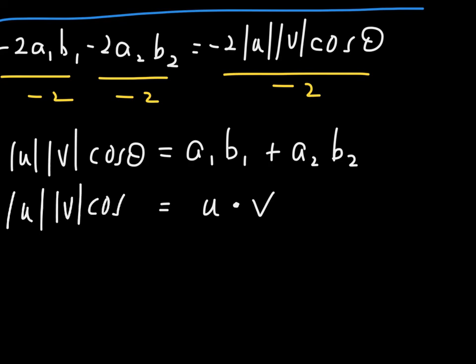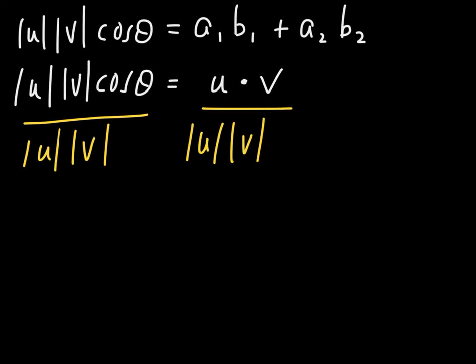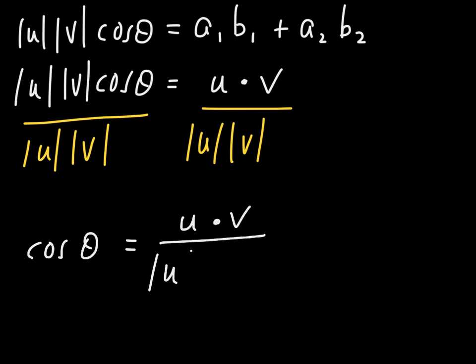So now, if you would divide both sides by the product of the magnitudes of your vectors, you will get the following very important statement that says that cosine of the angle between the two vectors is equal to u dot v divided by the product of their magnitudes.